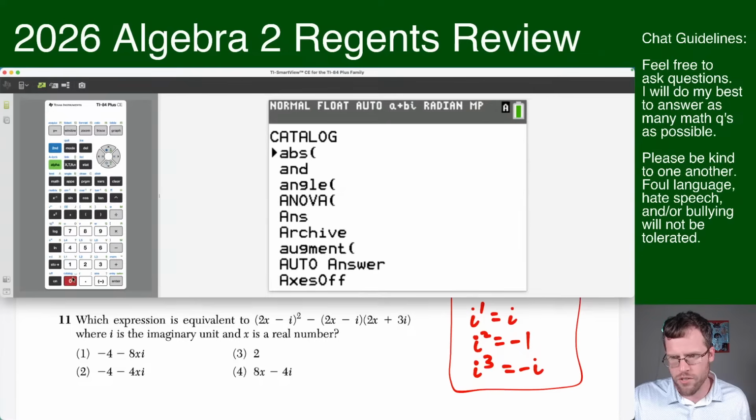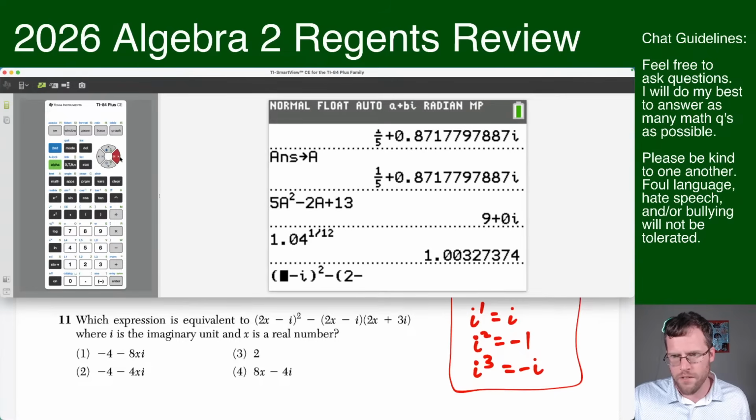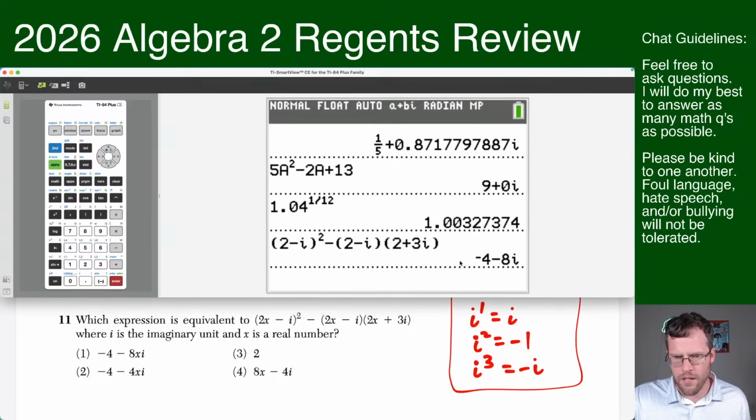This is an emergency method if you're really desperate. Then 2x minus i is the second decimal, and then 2x, but we're not going to press x, plus 3i. I press enter, and I get -4 minus 8i.